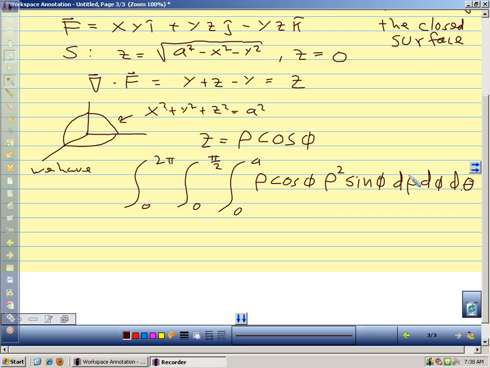This is not a difficult integral to evaluate. In the rho integral, we just have rho cubed, and in the phi integral, we have sine phi cosine phi, so that's an easy one to do with u-substitution. And if we go through the evaluation, we get pi a to the 4th over 4.